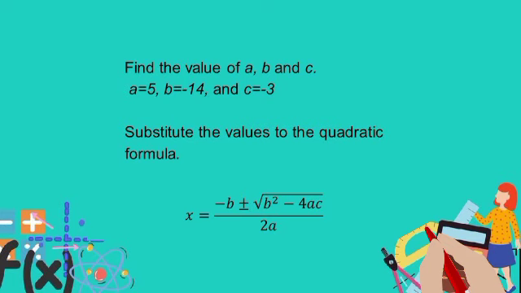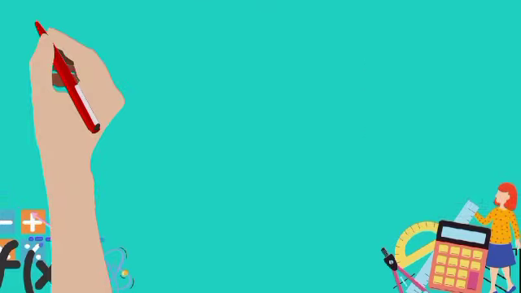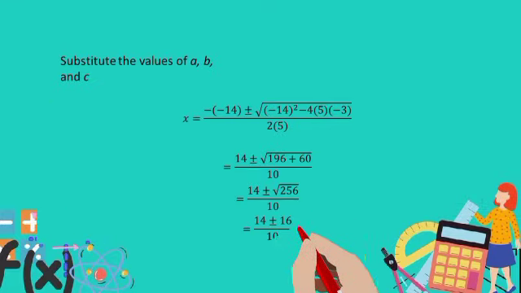All we need to do is substitute the values of a, b, and c into our quadratic formula. Okay, class, let us substitute them. We have negative times negative 14 plus or minus the square root of negative 14 squared minus 4 times 5 times negative 3, all over 2 times 5.